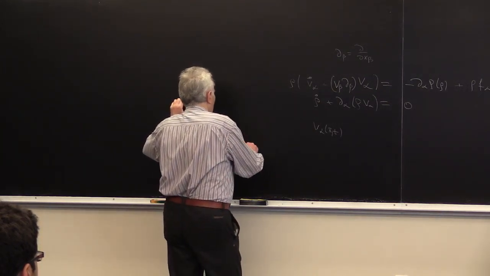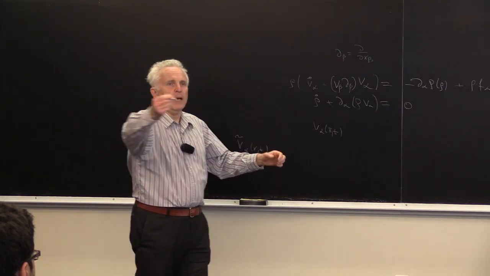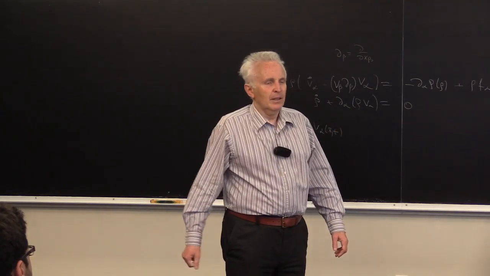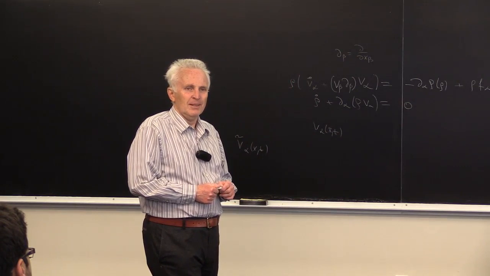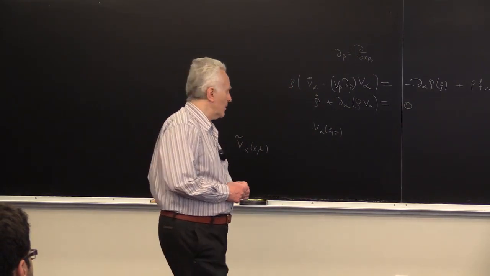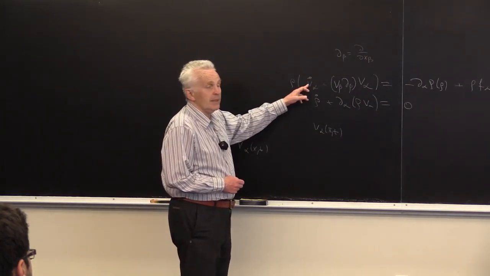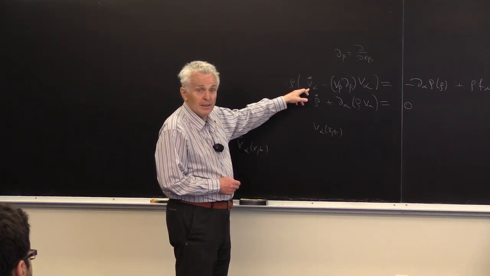So we want to know V alpha of x and t when we reverse time, when we do the filming backward. What happens to the velocity when you do the filming backward? It flips sign. Yes. Two things flip sign here: time and velocity.